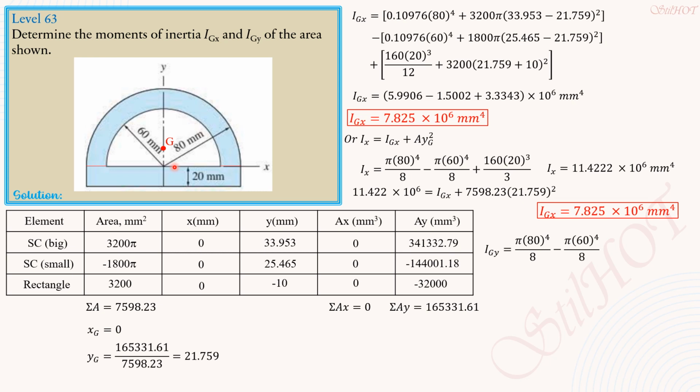For the small semicircle, pi 60 to the fourth over 8. For the rectangle, 20 times 160 cube over 12, or 160 cube times 20 over 12, with respect to the centroidal y-axis for this rectangle. So combining, IGY equals 17.82 times 10 to the 6 mm to the fourth.